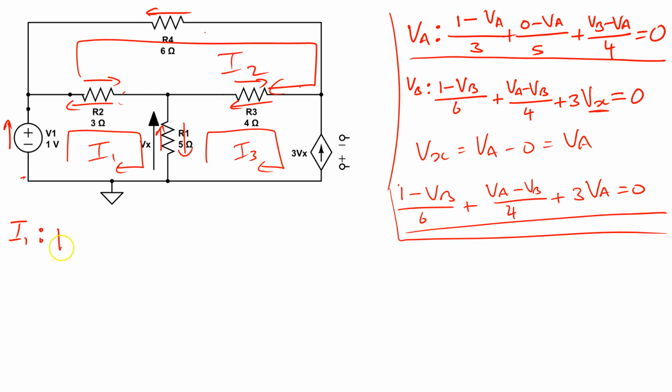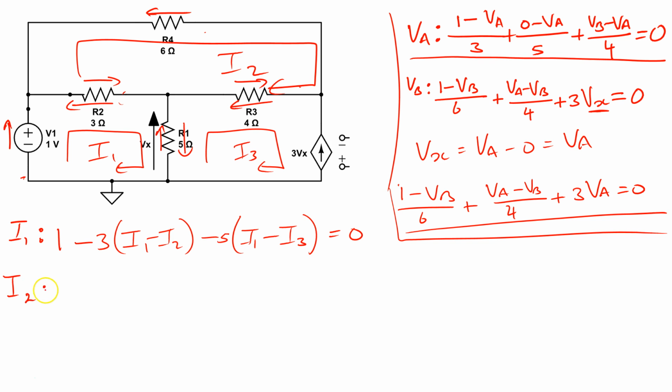So it is 1 minus 3 I1 minus I2 minus 5 I1 minus I3 is equal to 0.